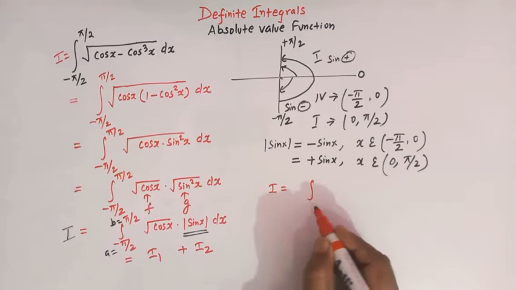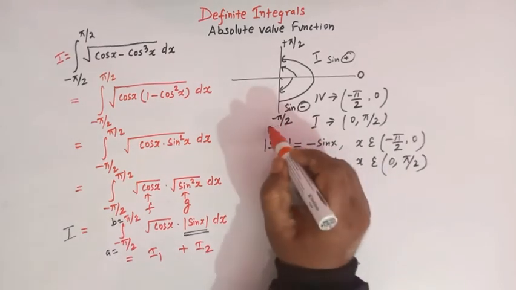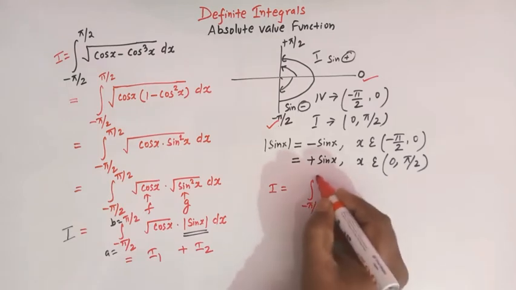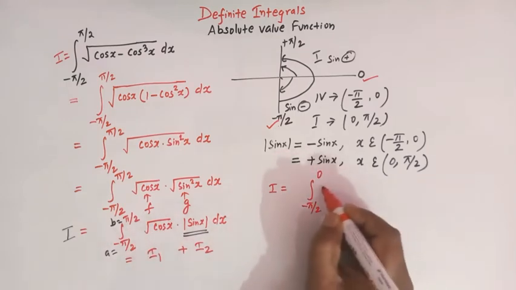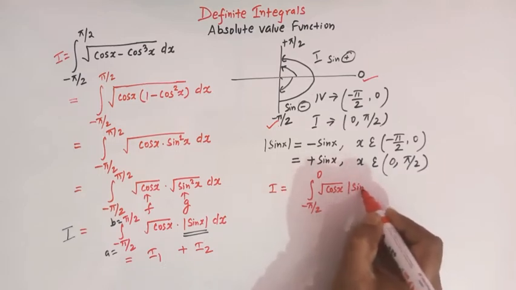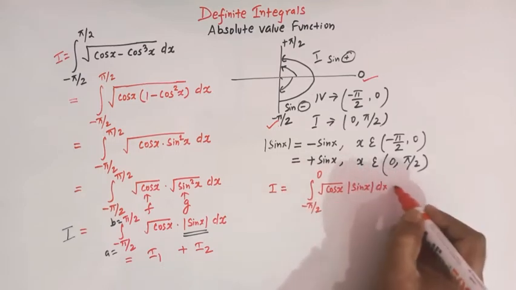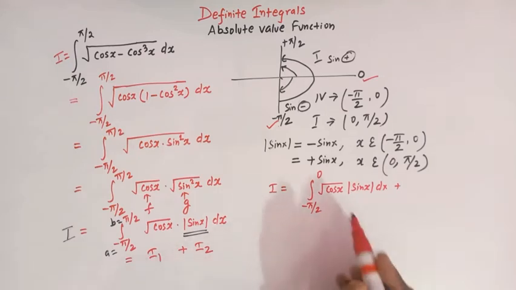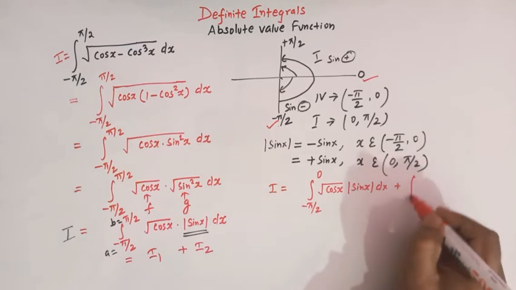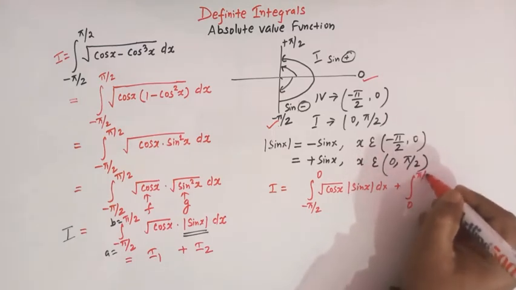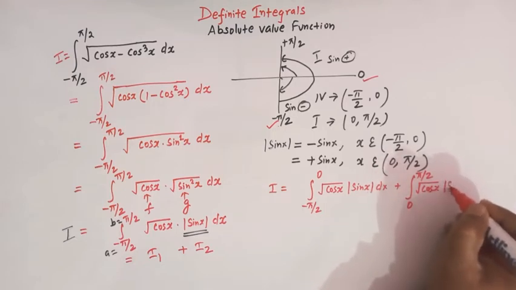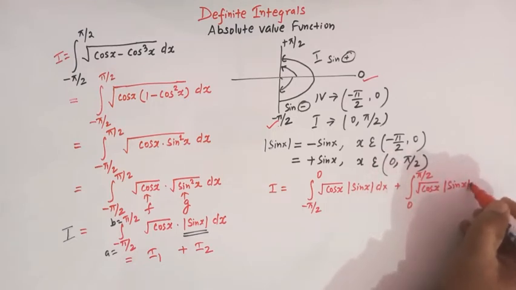And I1 is from minus pi by 2 to 0, and we have square root of cos x and mod of sin x, right? And I2 is from 0 to pi by 2, and here we have square root of cos x and mod of sin x, right?